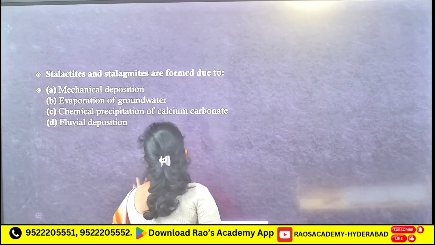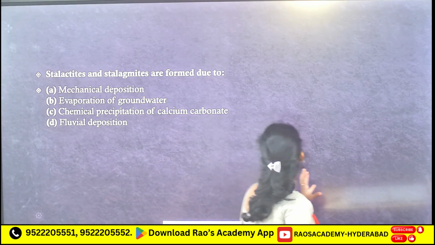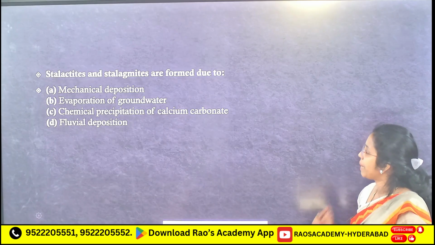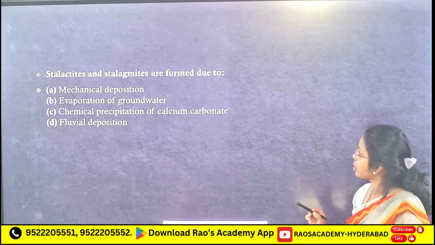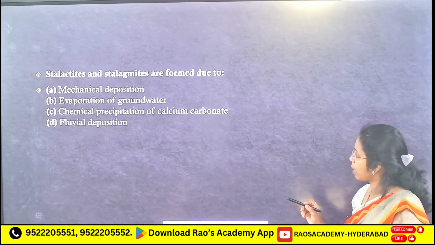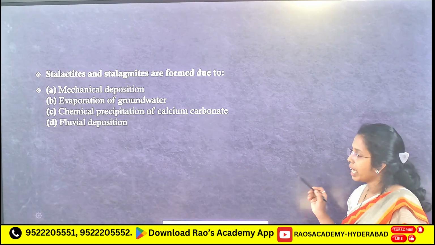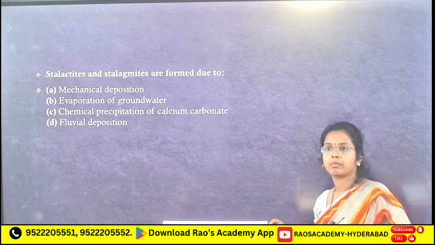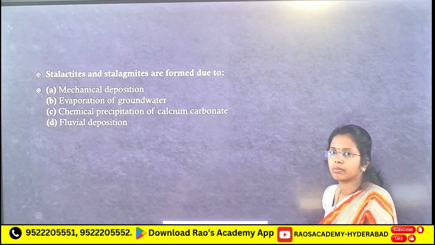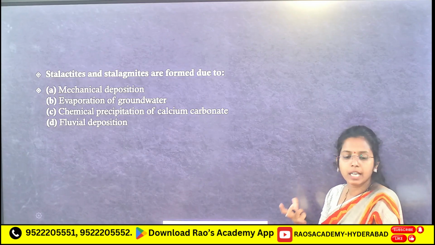Next, stalactites and stalagmites are formed due to: first, mechanical deposition; evaporation of groundwater; chemical precipitation of calcium carbonate; or fluvial deposition. Calcium carbonate is harder, right?